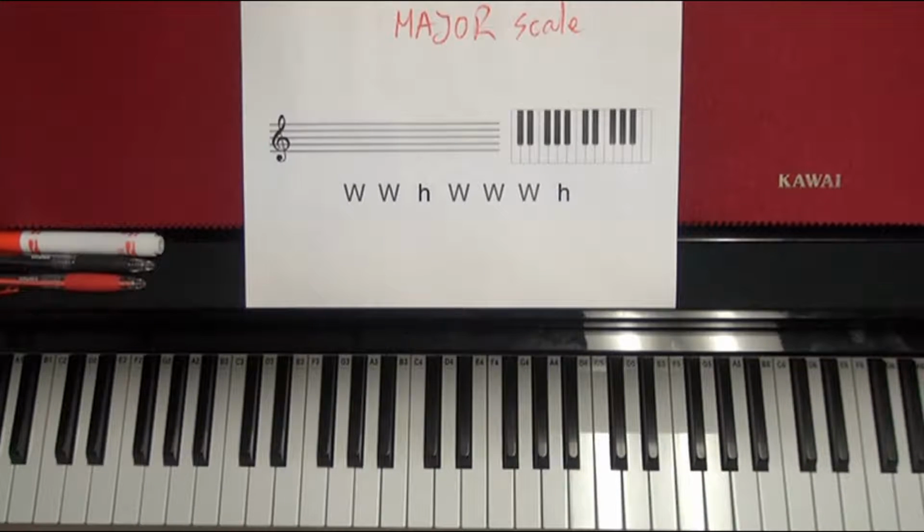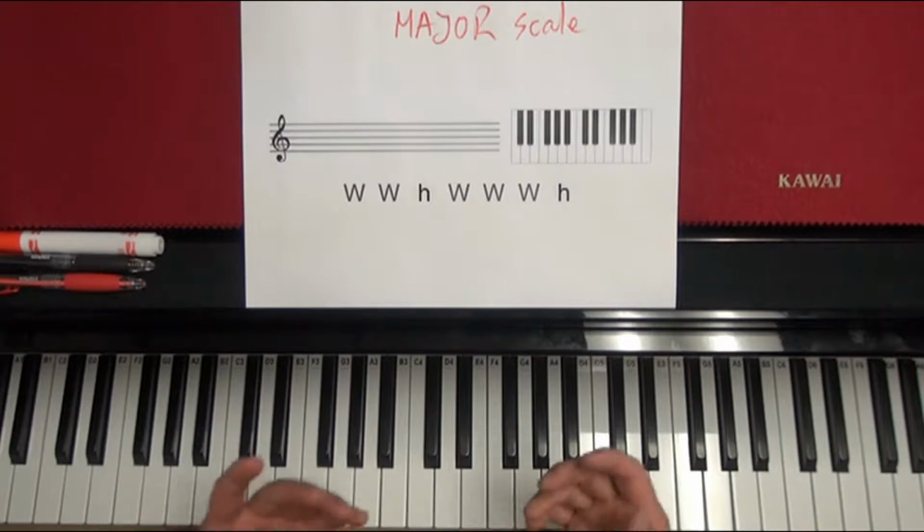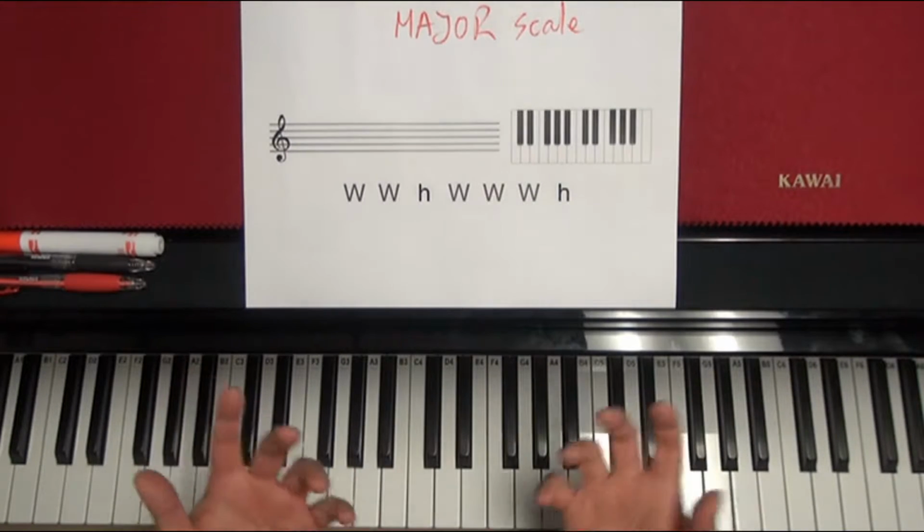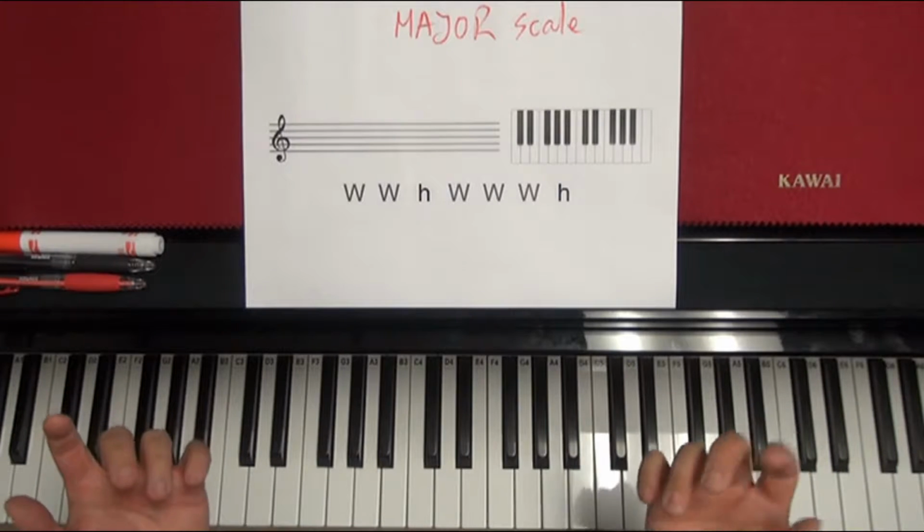Well, there's a formula for the major scale. And why major scale? Because the major scale will give you a feeling of brightness and happiness, a sensation of being a little brighter, happier and more open, okay?